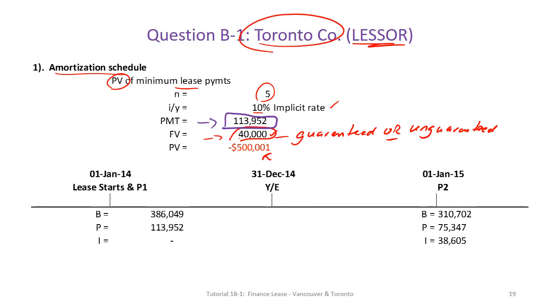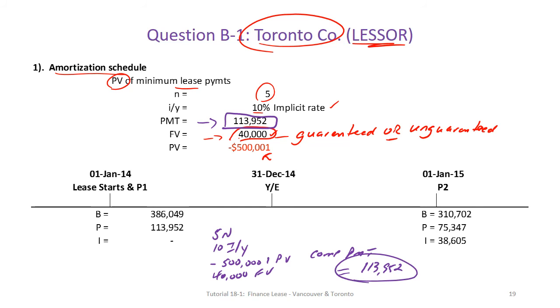The lessor would have done this: 5N, 10 IY, negative 500,001 for the PV, 0 payment, 40,000 future value, and then it would compute the payment, and the calculator would kick out a payment of 113,952. This is how the lessor actually calculates the payment.